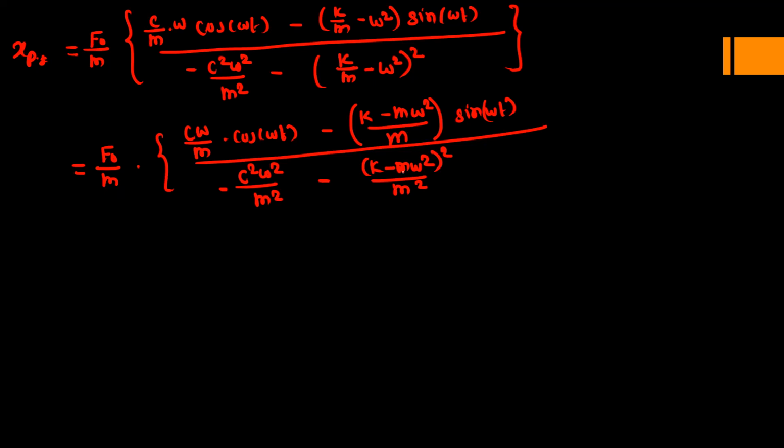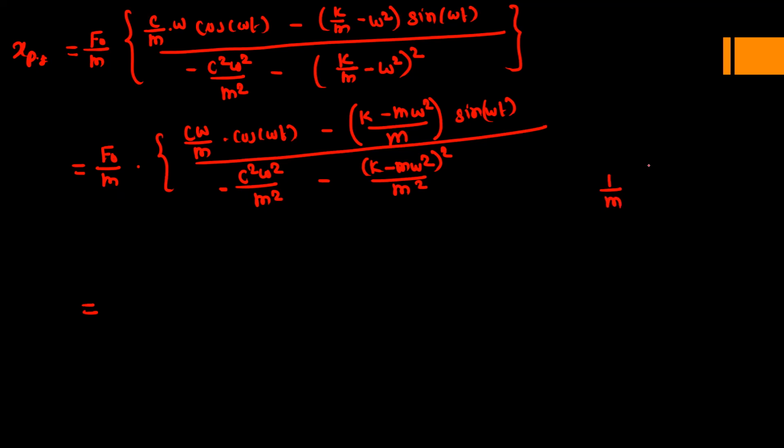So I can write this K minus M omega square bracket square upon M square. Now from the denominator, you can take 1 upon M square common, and from the numerator, take 1 upon M common. So you can cancel out this M value.